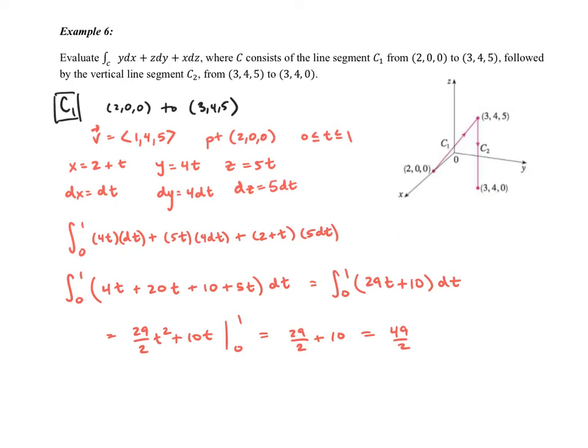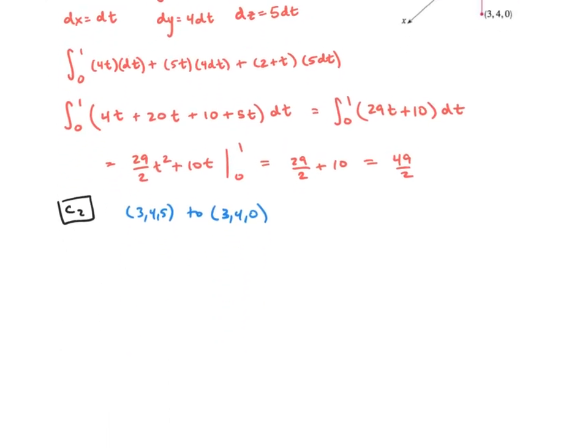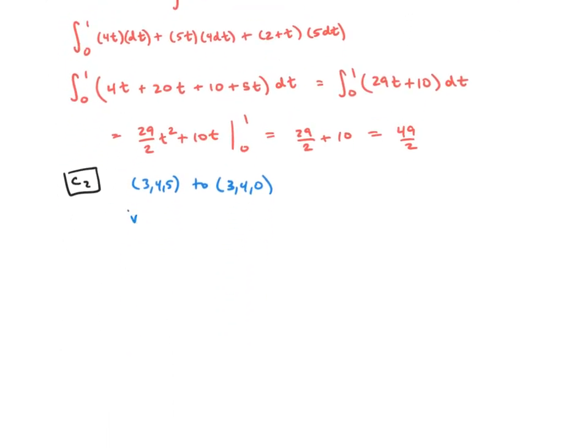Let's take a look now at the second path. For our second path, we are going to go from (3, 4, 5) to (3, 4, 0). Since the only thing changing is z, this is going to be pretty simple. Let's go ahead and do the full equation, however, just to make sure it makes some sense.